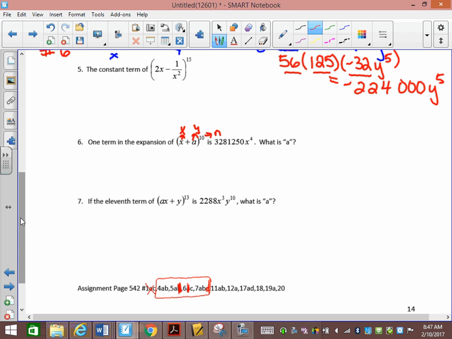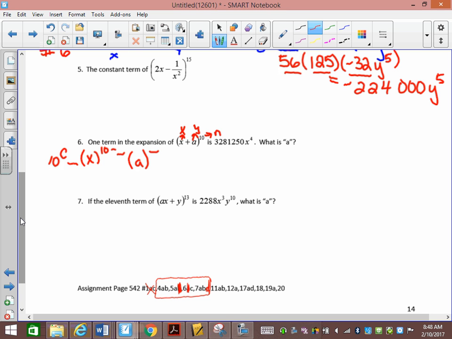So we're going to go 10, c, I don't know, x to the 10 minus, I don't know, a to the blank, because I'm not sure. And what does that have to equal? When I'm done this, it's going to equal 3,281,250 x to the 4, correct?